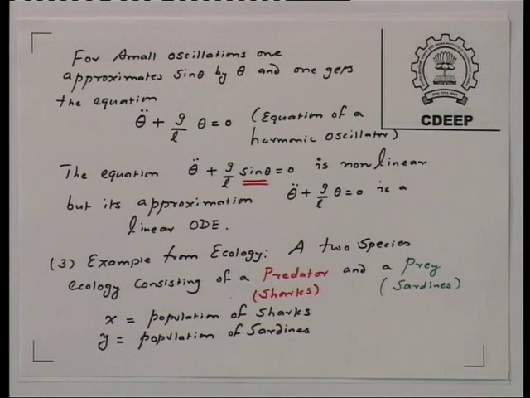Now, let me give a little bit of history. It is well known, it is there in most of the books. Between the two world wars, D'Ancona was the head of the fisheries department in Trieste.